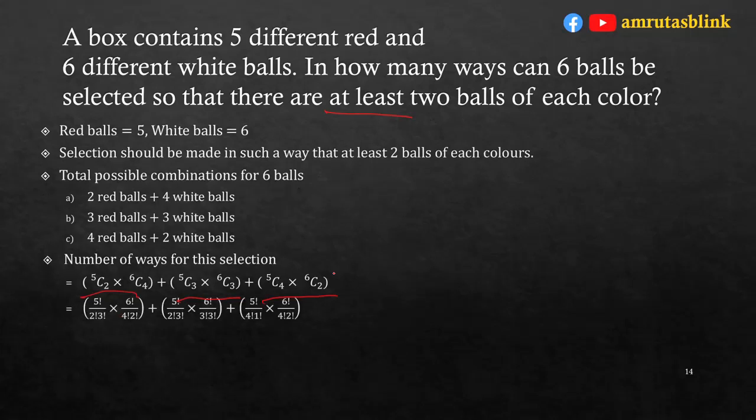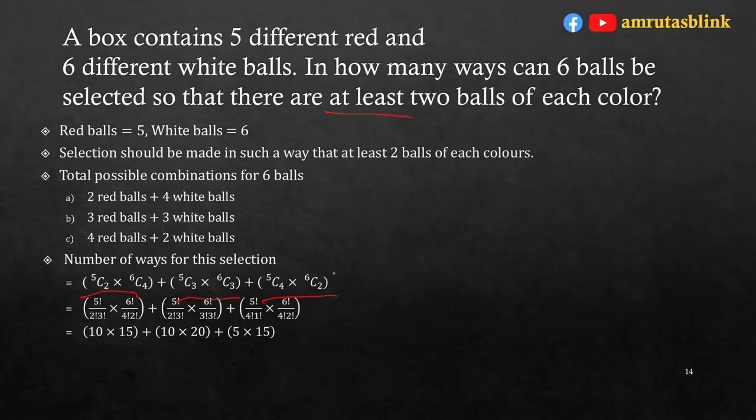Now 5C2 into 6C4 is equal to 5 factorial upon 2 factorial into 3 factorial, into 6 factorial upon 4 factorial into 2 factorial, plus 5C3 is equal to 5 factorial upon 2 factorial into 3 factorial, into 6C3 is equal to 6 factorial upon 3 factorial into 3 factorial, plus 5C4 is 5 factorial upon 4 factorial into 1 factorial, into 6C2 means 6 factorial upon 4 factorial into 2 factorial.